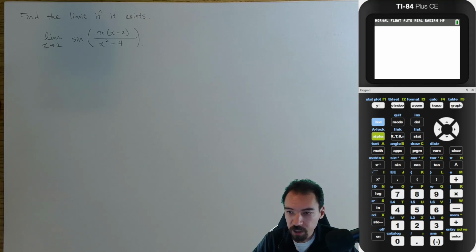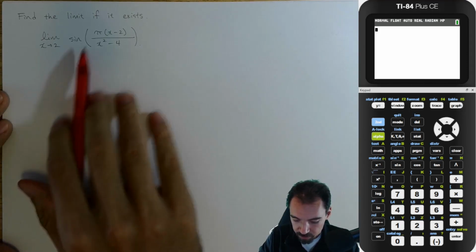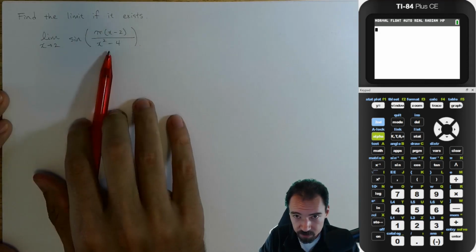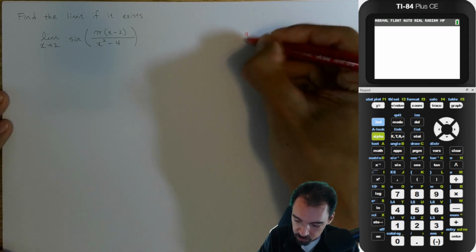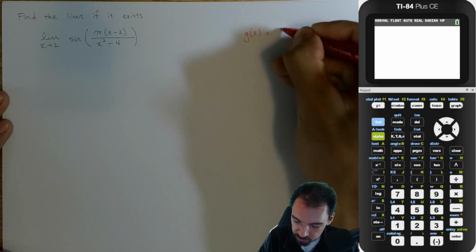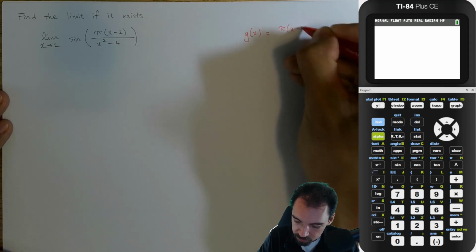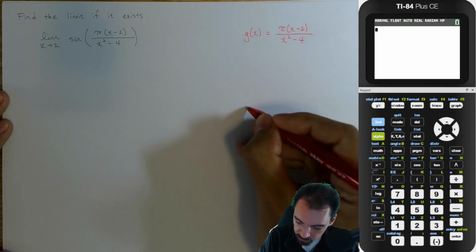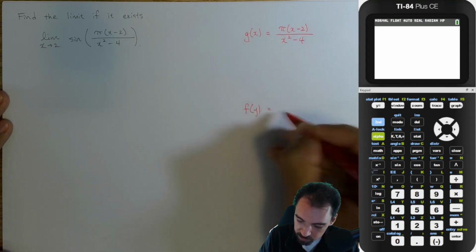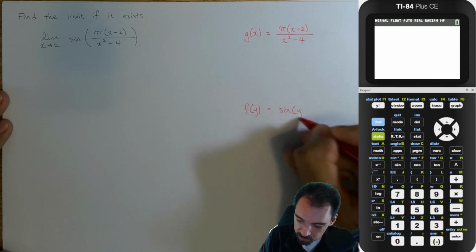Now, let's try a variation that's a little bit more algebra-based. So, I look at this and I identify an inside function and an outside function. So I can write this as g of x is the inside function, and the outside function is sine of y.